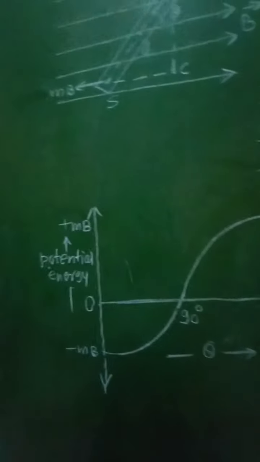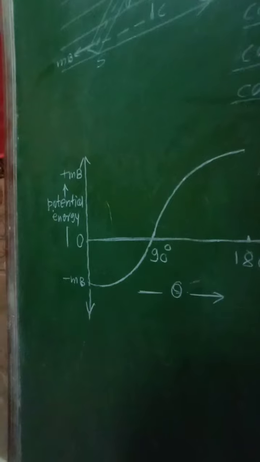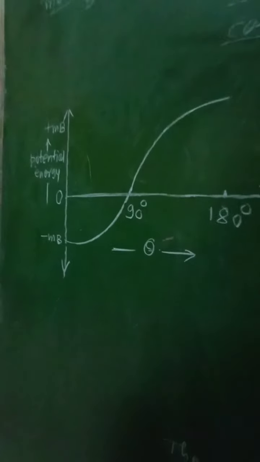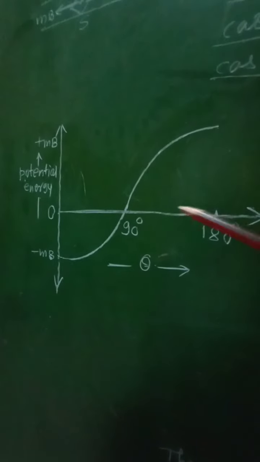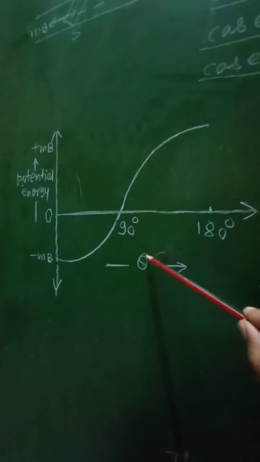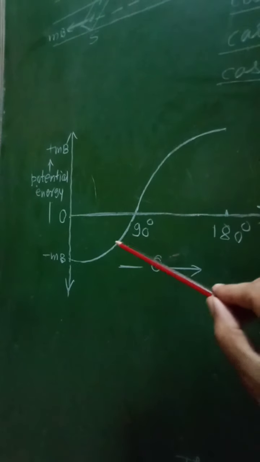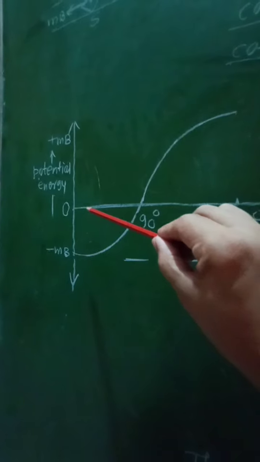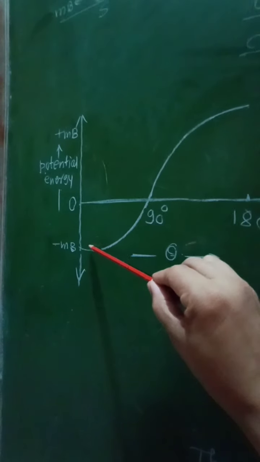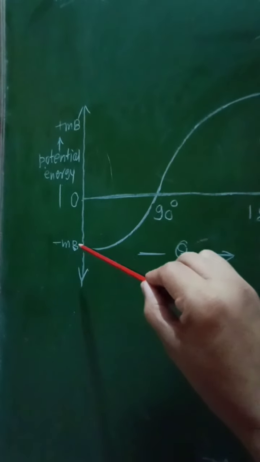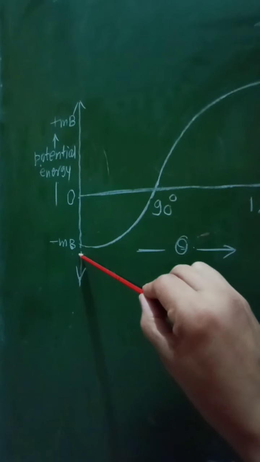So in this case, if we consider the variation of the magnetic potential energy with theta, just now we have seen three different cases. When theta is equal to 0, at that time the magnetic potential energy will be minimum, that is minus mB.